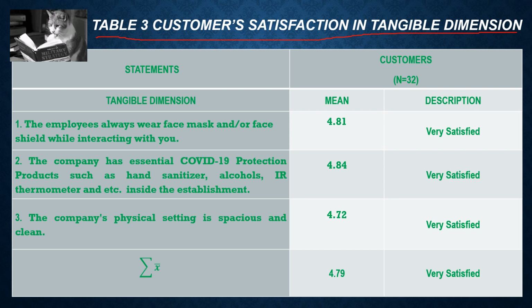So statements under tangible dimension. This is very much familiar. These are the questions included in the tangible dimension. This will be the mean, so just copy all the means there. Then include customers as a label and then n.